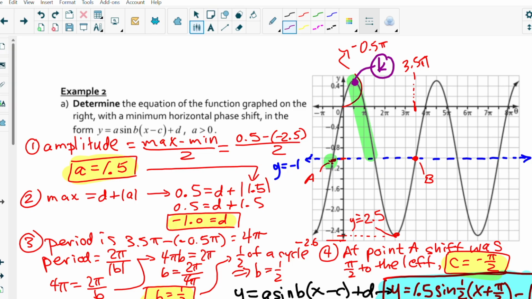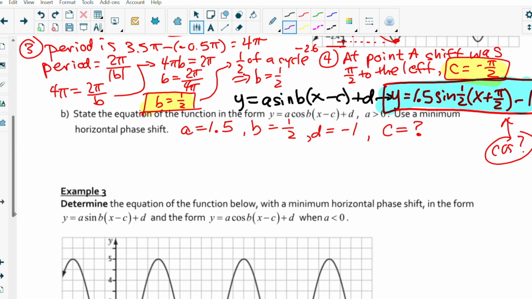we know that the cosine function always starts at its maximum, right on the y-axis, right? So clearly we can see right here, what is that distance? What is that distance or that phase shift that had to occur? So it's a phase shift to the right, right? So let's write that up.